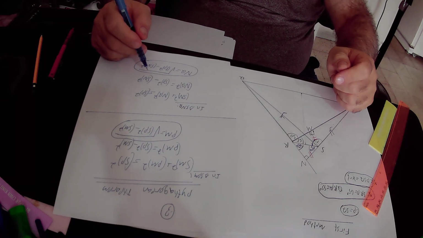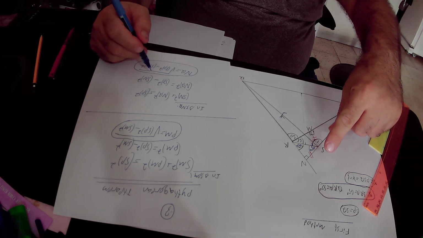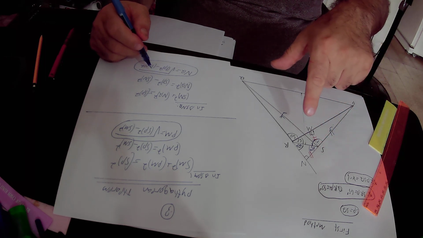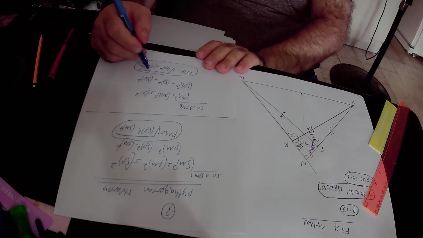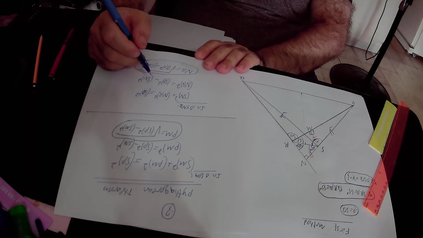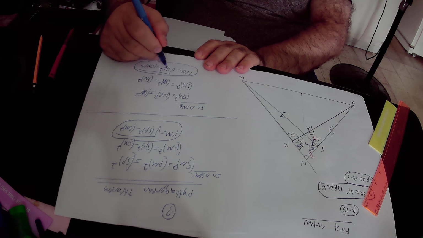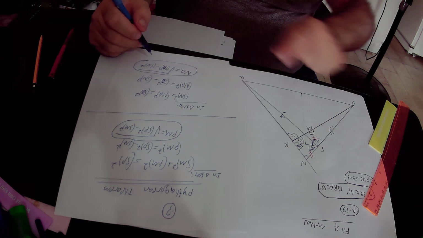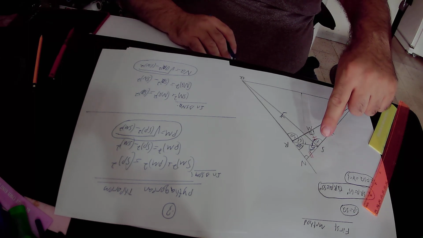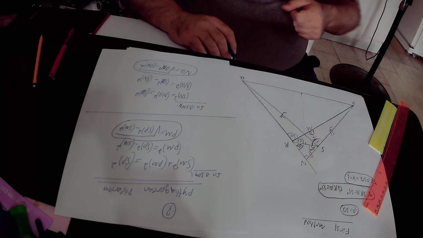In the right triangle SNQ, we know that SN square plus NQ square equals SQ square.